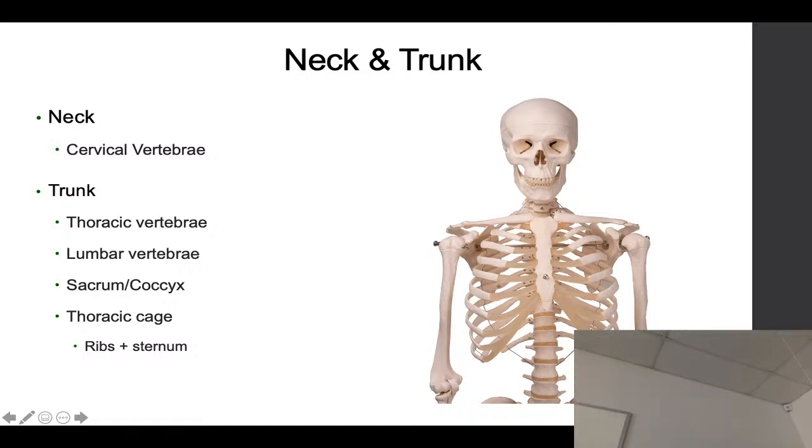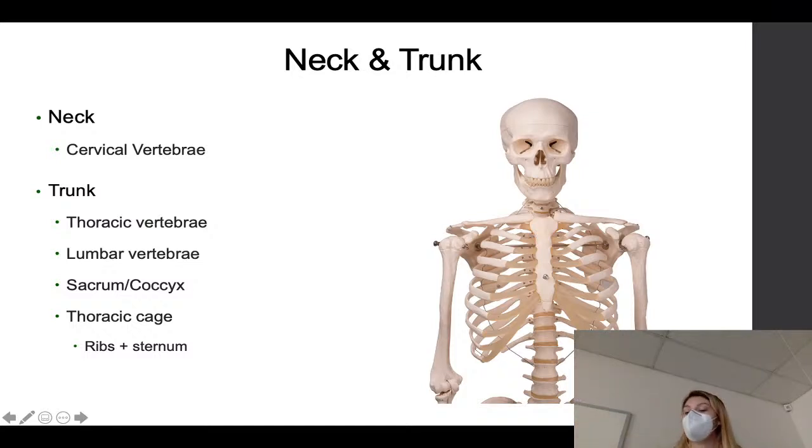Let me get my skeleton. So the cervical vertebra will be our neck, versus our trunk is going to be everything below the neck and before we get to our pelvic girdle. So it's going to be our thoracic vertebra, which is our mid-back.